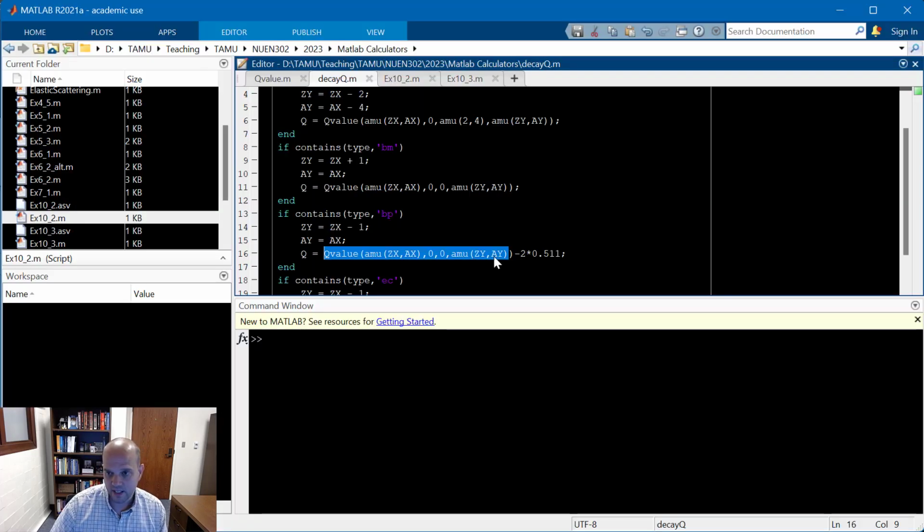And so what this is here, I have 2 times, this is in MeV. So if I take the rest mass of the electron, and if I multiply that by 931.5, then I get 0.511 MeV. And I've got 2 electrons, and so that's 2 times 0.511. And we're going to see this later on as well.